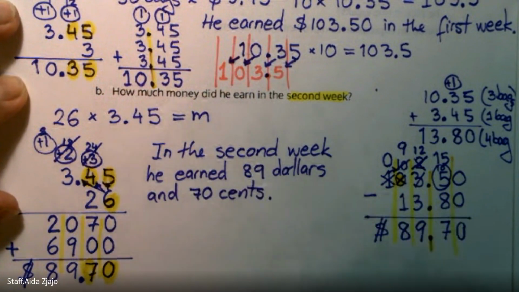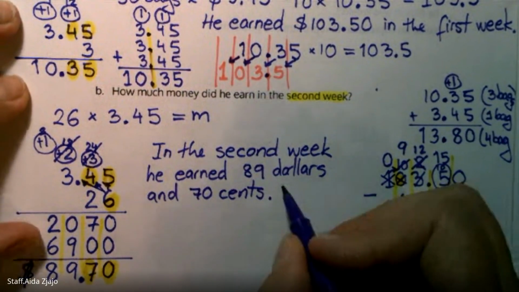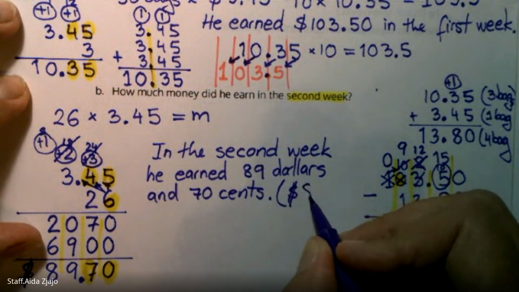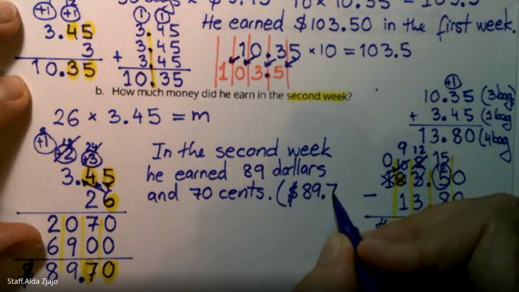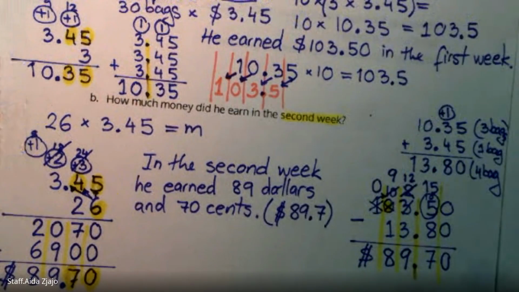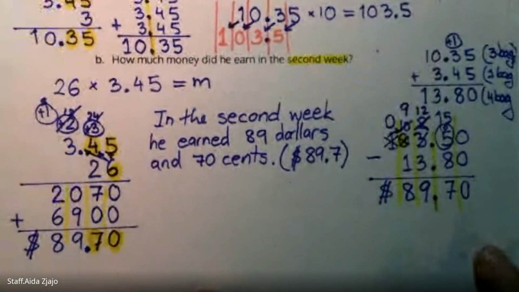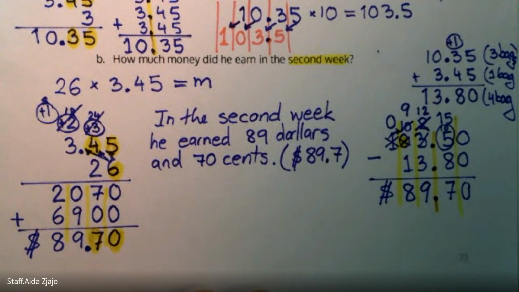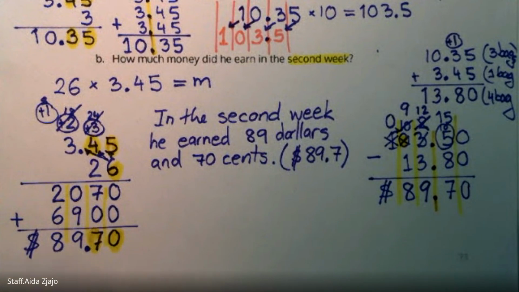You can see that. You can write that like this, or you can write $89.7, 7 dimes or 70 cents. So this means the same. 7 dimes is the same as 70 cents. Okay, so that was B, but this is not done because we have a C and D as well.